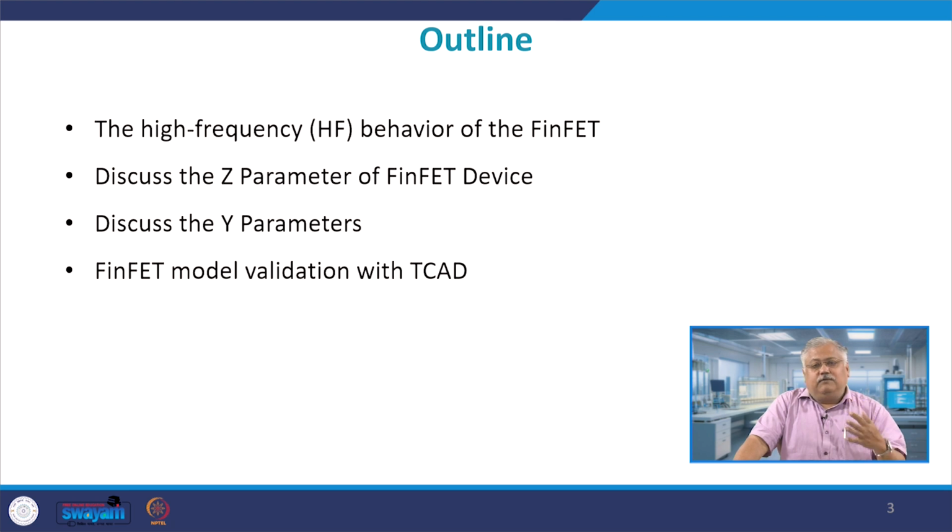Now, relatively we define small signal as if the input voltage variation is approximately plus minus 10% of its quiescent value or of its mean value, then we define that to be a small signal.